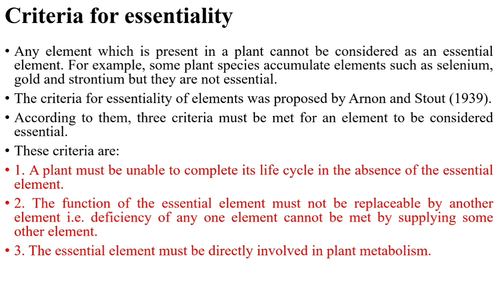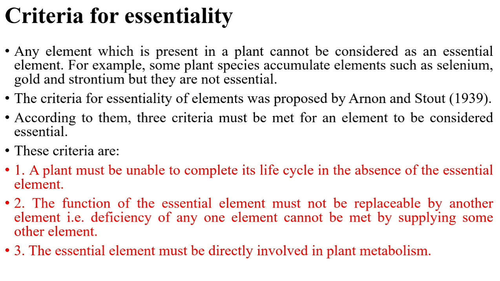So what are the criteria for essentiality of an essential nutrient? The main criterion: the plant must be unable to complete its life cycle in the absence of that essential element. Secondly, the function of an essential element must not be replaceable by another element. That is, deficiency of one element cannot be made up by supplying some other element.